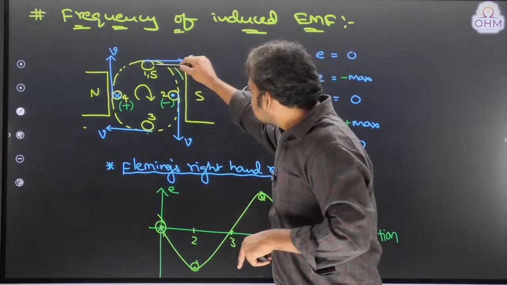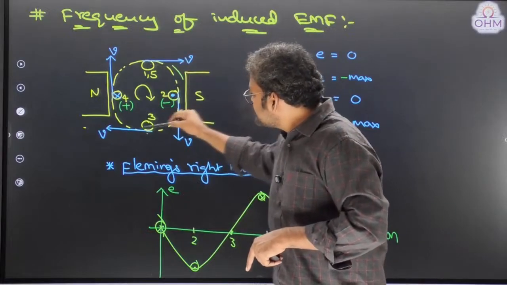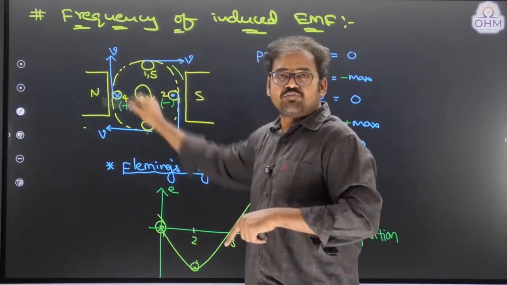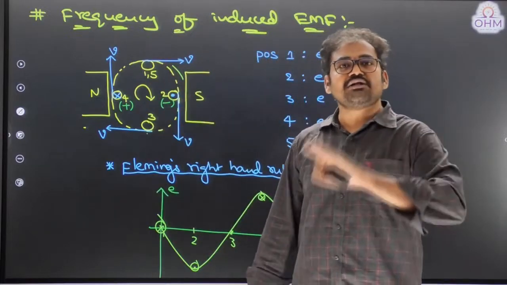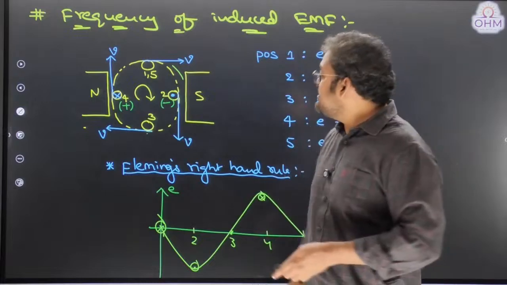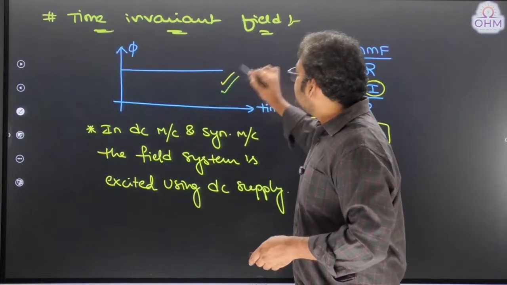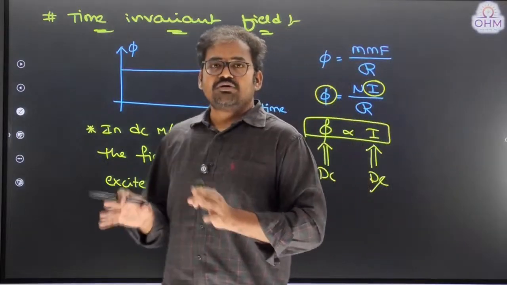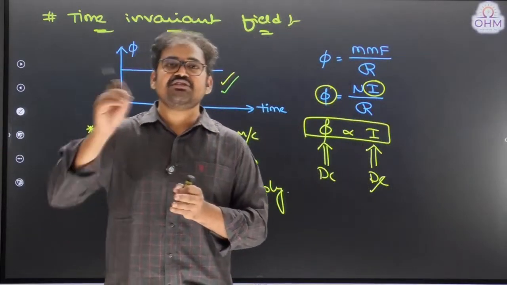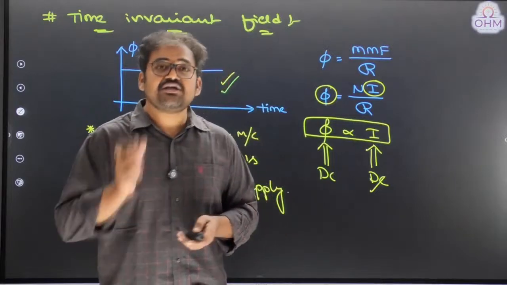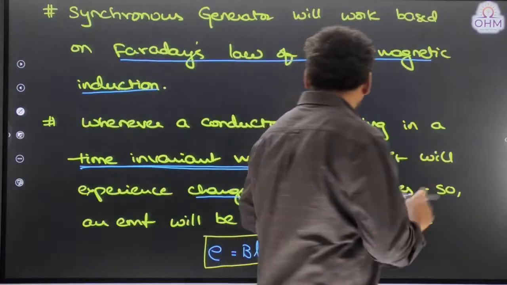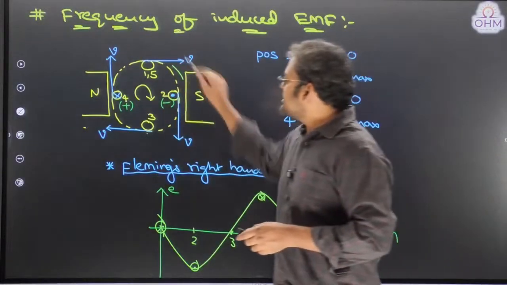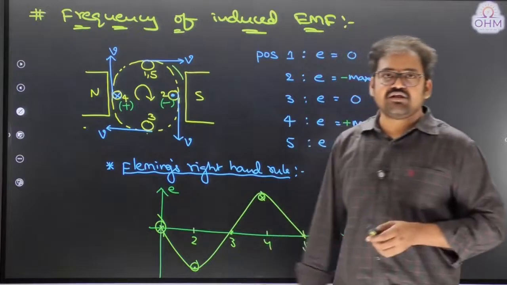For a few seconds south pole location, next few seconds north pole, again south, again north. So negative, positive, negative, positive. That is how alternating voltage will be induced even though the magnetic field is time invariant. Hope your doubt is clear now. So even though the magnetic field is time invariant, an alternating voltage is getting induced across every conductor when it is driven in that time invariant magnetic field.